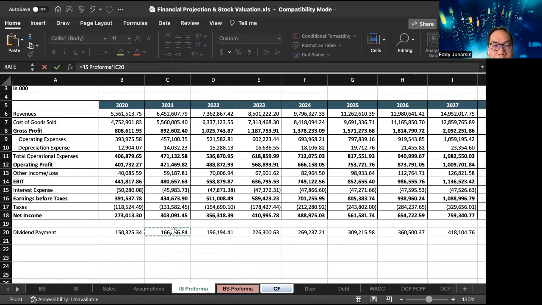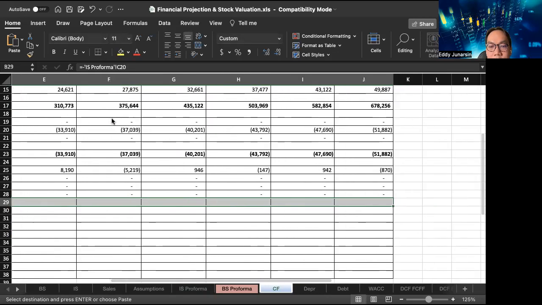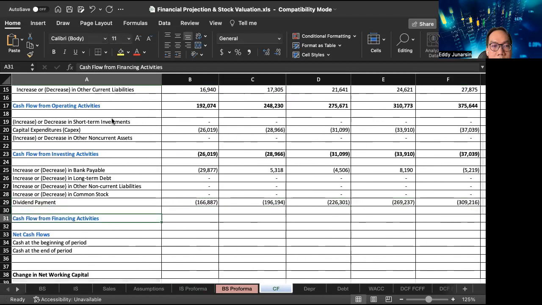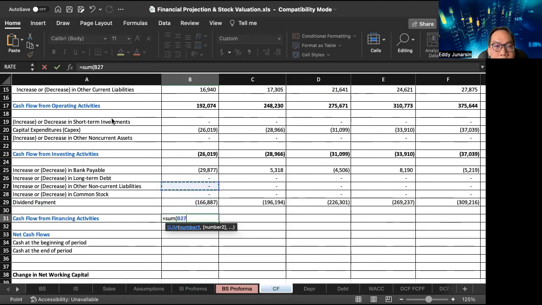And whenever we pay dividends, we pay something using cash. So the relationship should be negative. Negative relationship between dividend payment and cash flow. Okay? We are paying dividends. And we just sum them up here. Cash flow from financing activities.